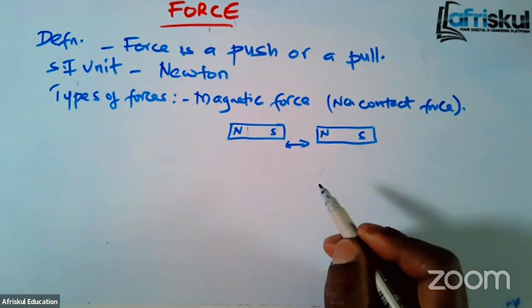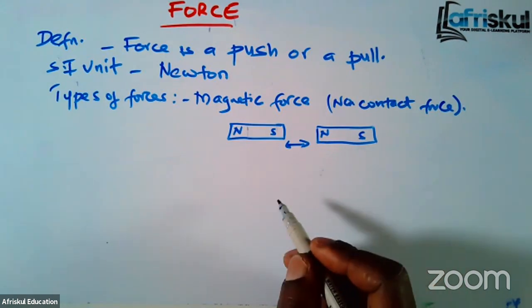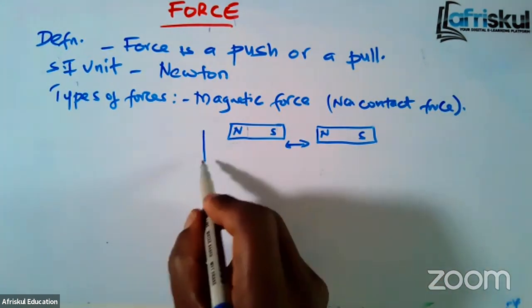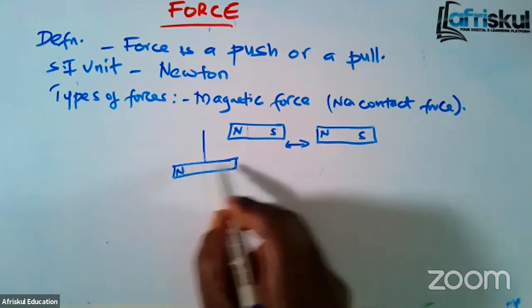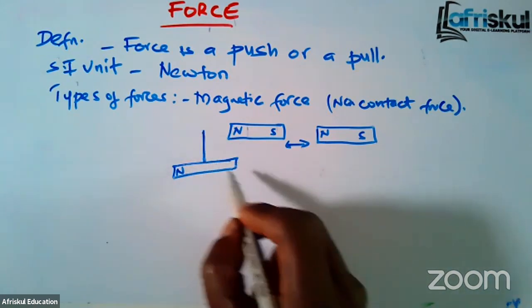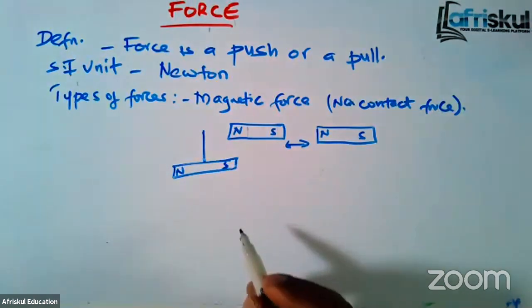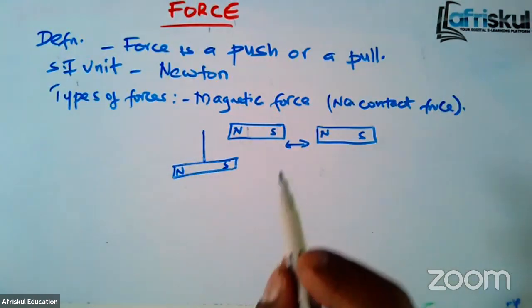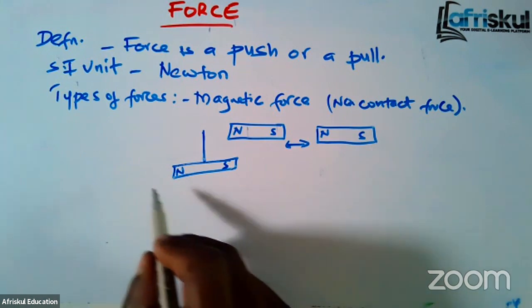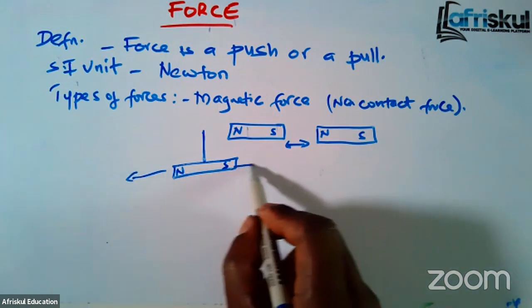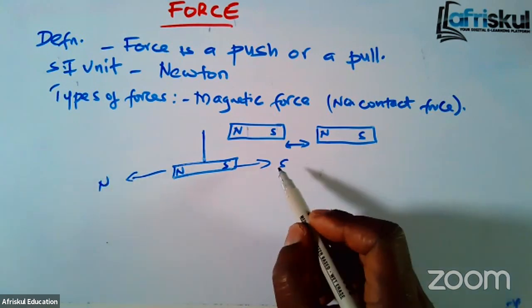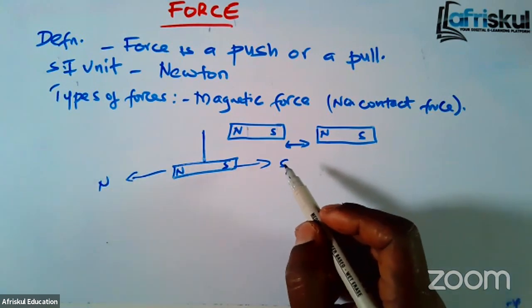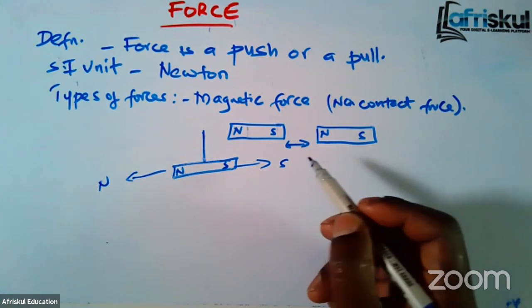So there is a whole topic on magnetism in Form 2, but at this stage, we are only just naming the forces. So magnetic force is one of them. The other thing about a magnet is that when you hang a magnet and suspend it in air, you will notice that this magnet will continue turning until finally it rests in an axis that we call the north-south meridian of the Earth.